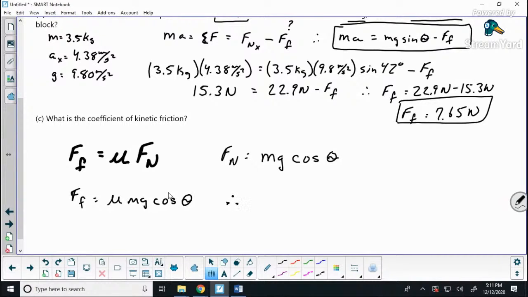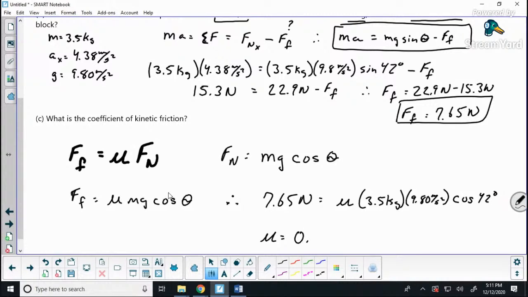Therefore, 7.65 newtons equals mu times that mass of 3.5 kilograms times gravity of 9.80 meters per second squared times the cosine of 42 degrees. And when you rearrange and solve for that coefficient of friction, you should find 0.157.